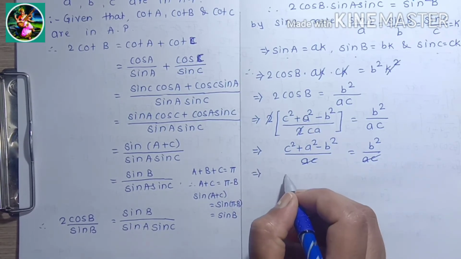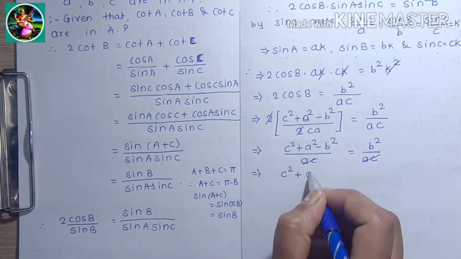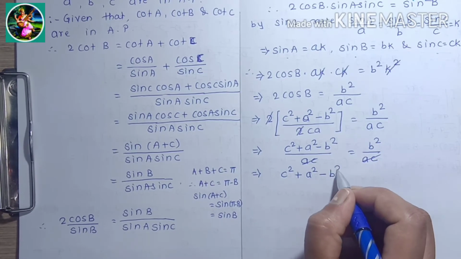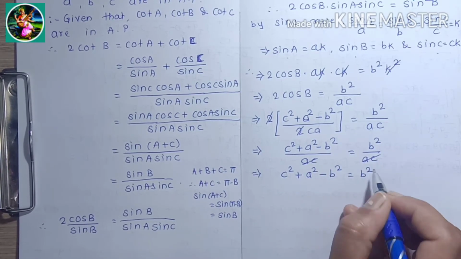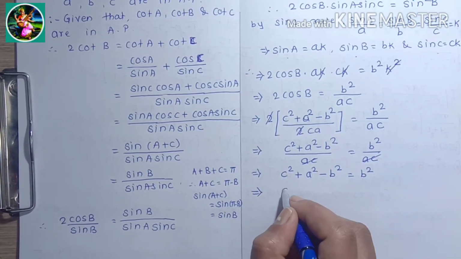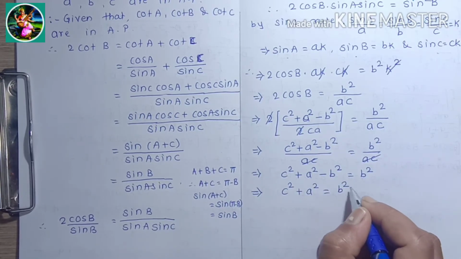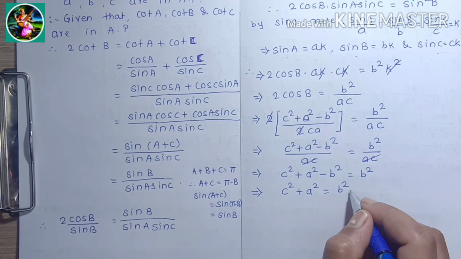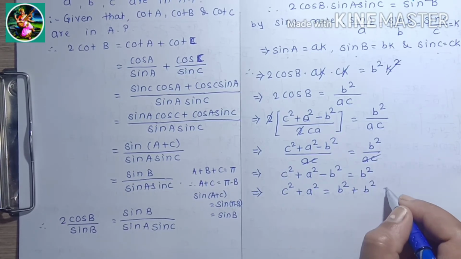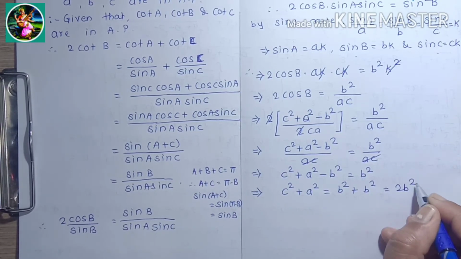Here remaining is C square plus A square minus B square equal to B square. That is, C square plus A square is equal to B square, and that minus B square becomes plus B square, which is equal to 2B square.